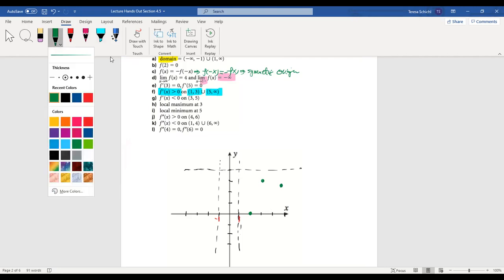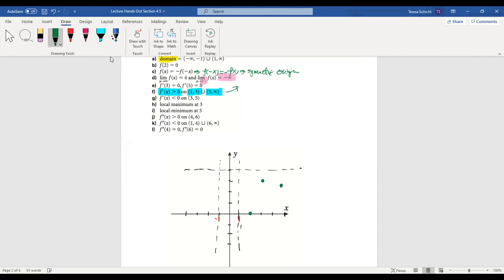My function is increasing. So my function is increasing from 1 to 3, and it is increasing from 5 to infinity also.